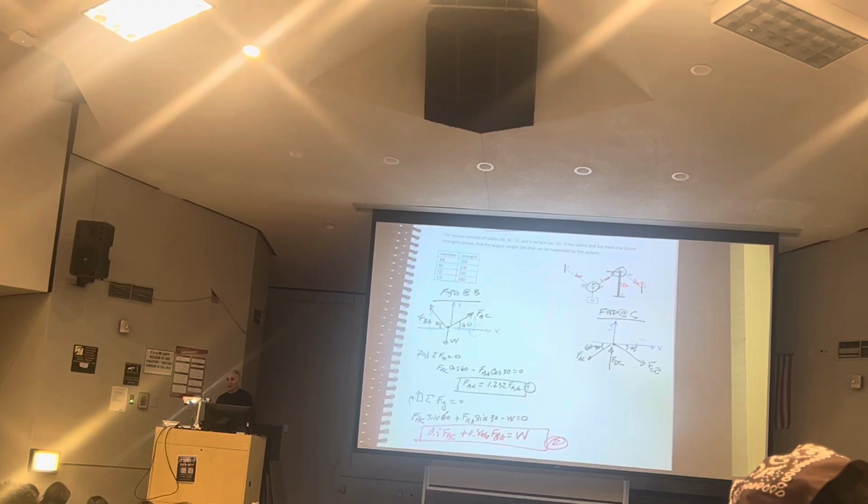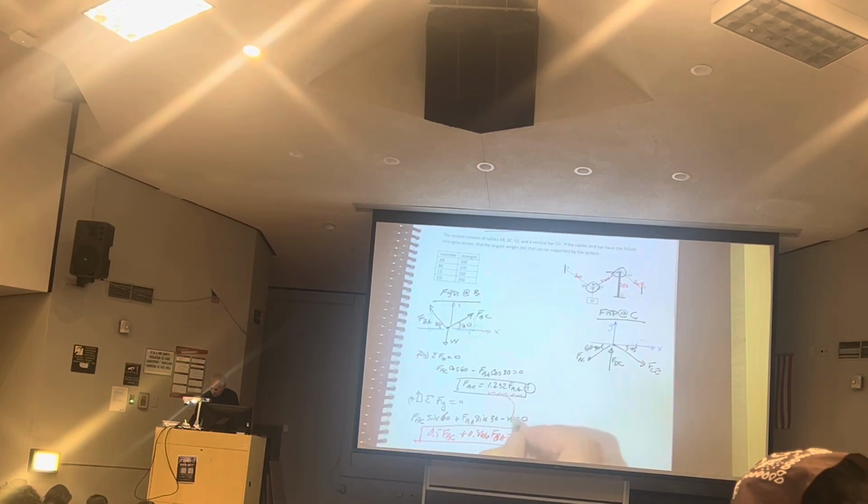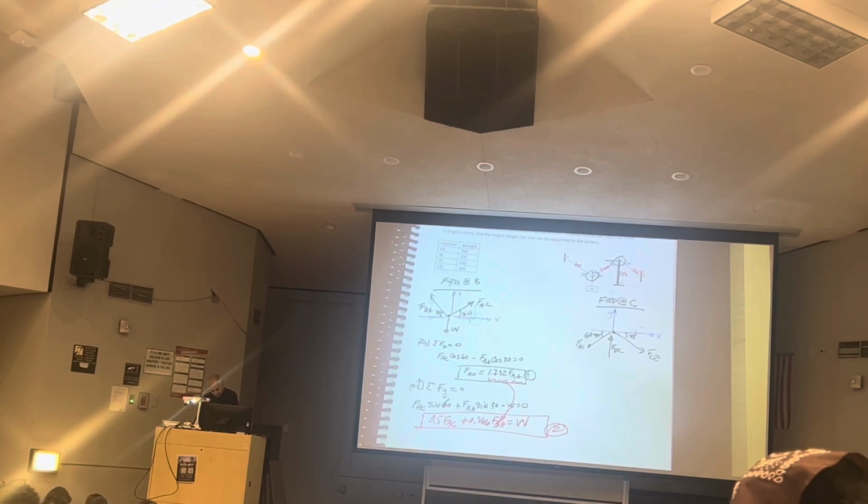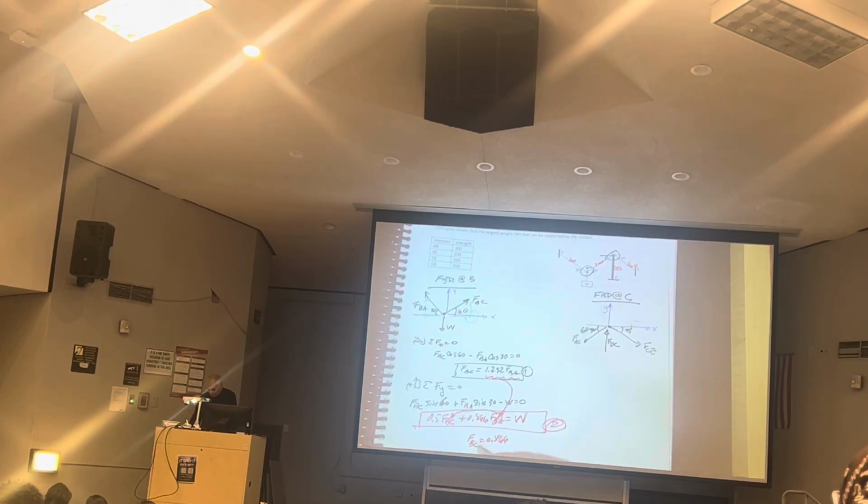Now, you do what you did back in 8th grade. I got 2 equations, 2 unknowns. Instead of X and Y, I got BA and BC. Big deal. Take this, dump it into there. You have 1 equation in BC. If you solve this, you'll find that FBA is equal to 0.5 W. Take this, dump it in there.